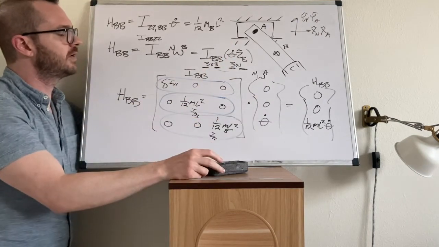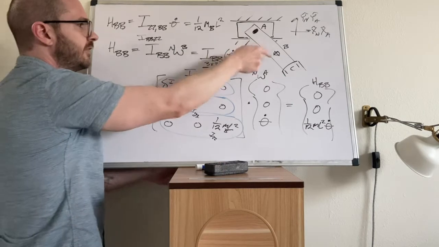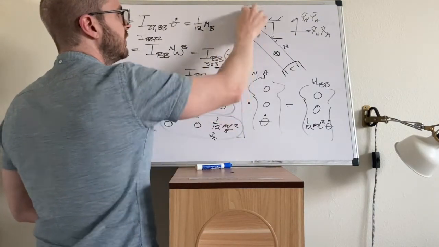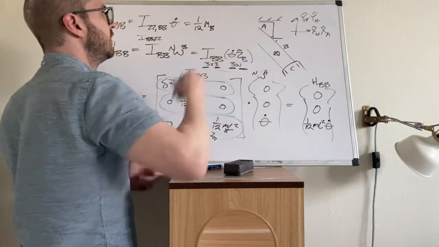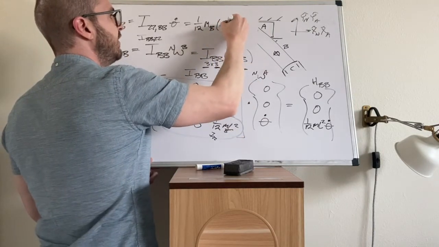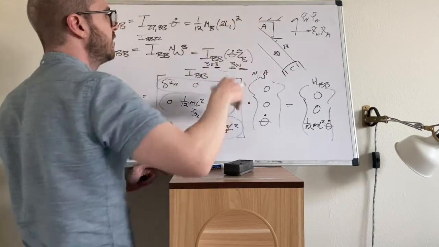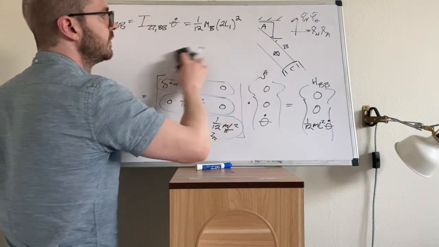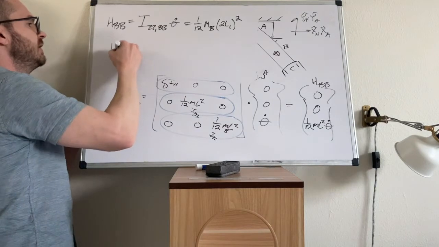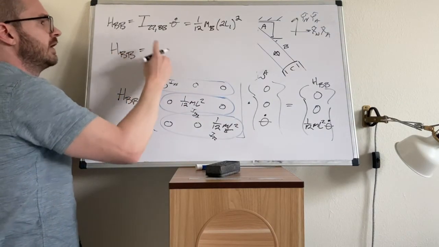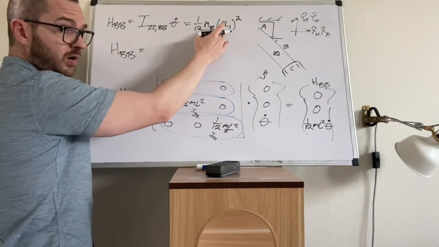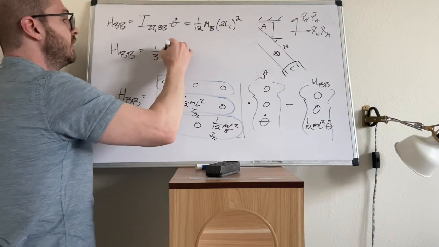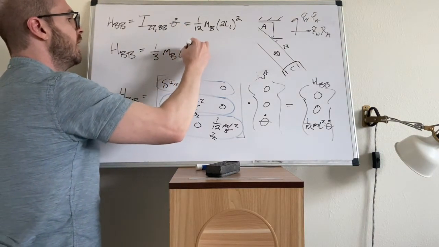So when we said earlier the position vector from A to B was L1, that would make this 2 times L1 squared, and then we could further simplify it down, and we could say that HBB is equal to, this is going to end up being 4 L1 squared, so 4 over 12 makes 1/3 MB L1 squared.